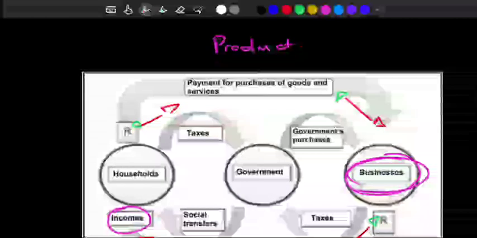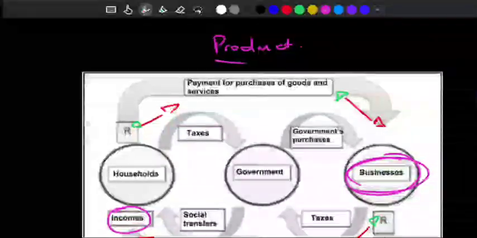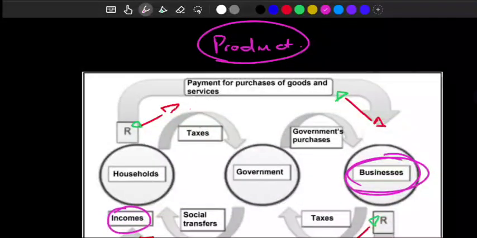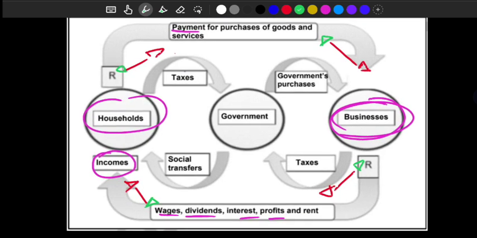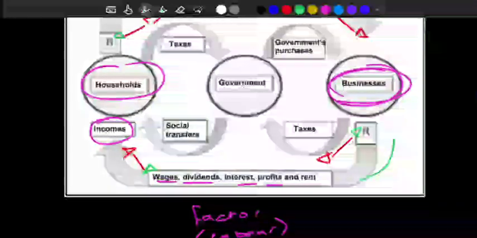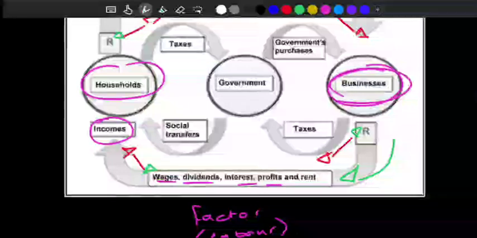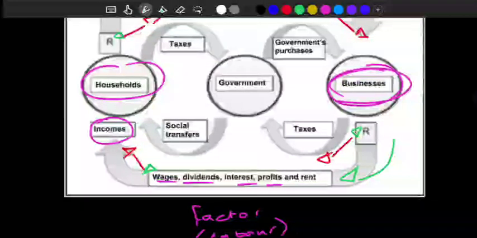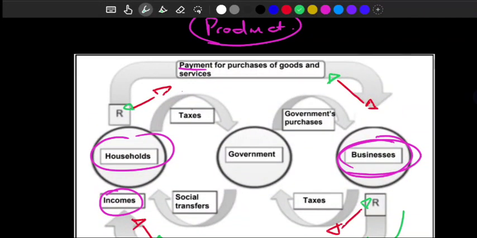They will then use this product to sell back to the household, then receive a payment for that income. You get me? Then with that income, the business will then hire more people to produce more goods and services to sell to us again, right? And then we would buy.